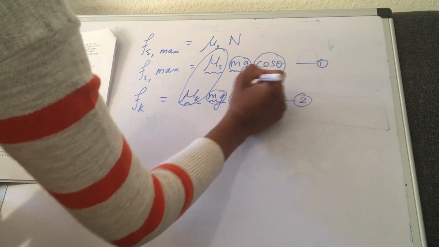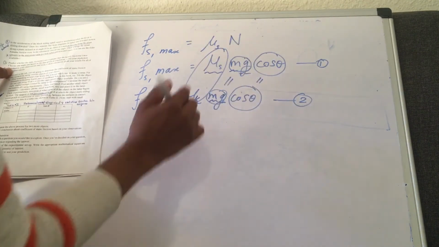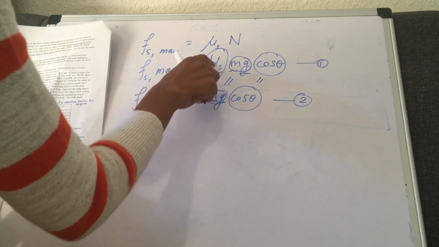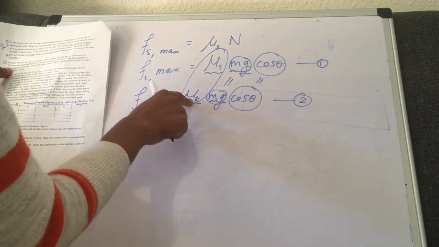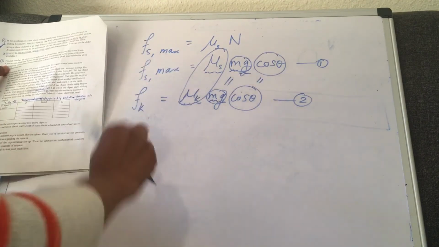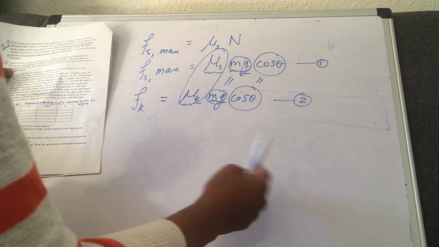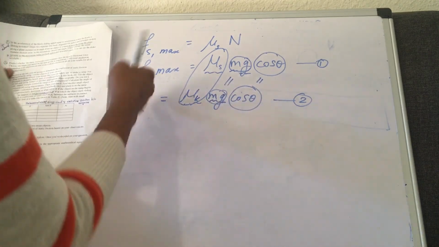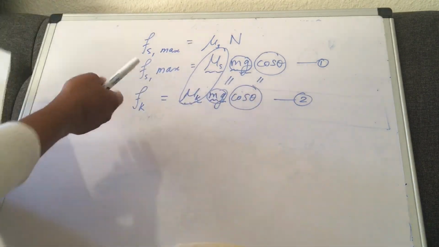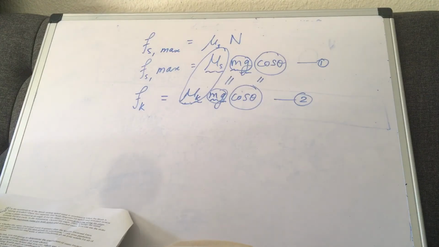So the only thing that matters is whether this value is bigger than this value. If mu s is bigger, then the maximum static frictional force should be greater. That's the way to compare whether the static frictional force should be greater than the kinetic frictional force.